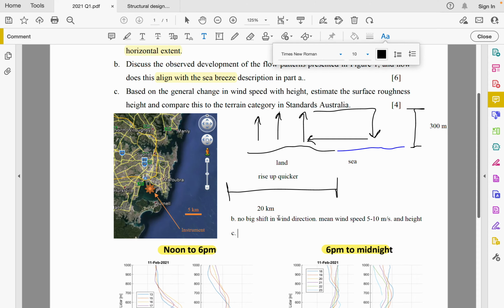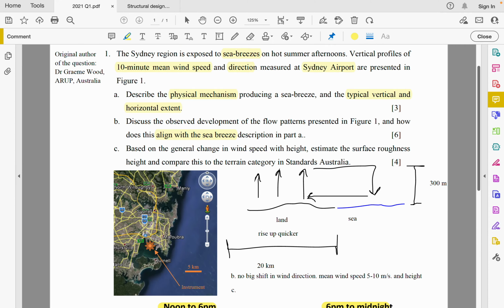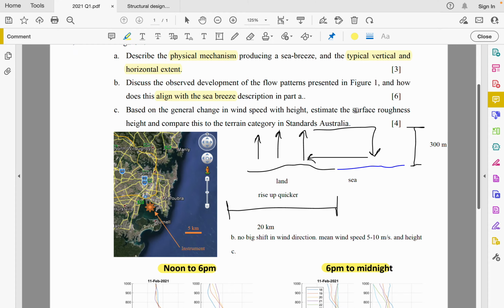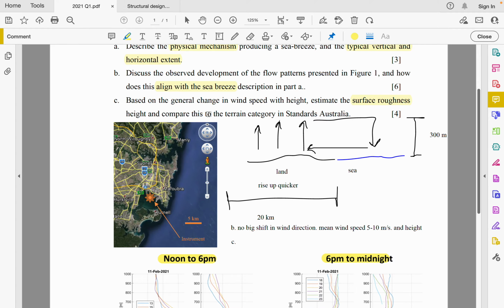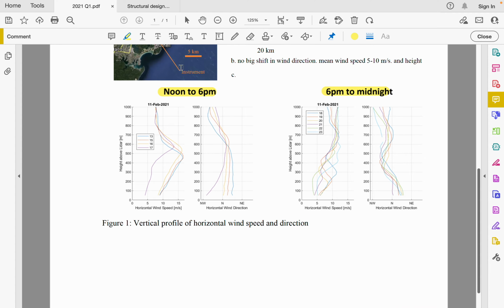And question C is a follow-up of question B. Based on the change in wind speed with height, which is this graph, estimate the surface roughness height and compare this to the terrain category in Standards Australia, which is Australian Standard 1170.